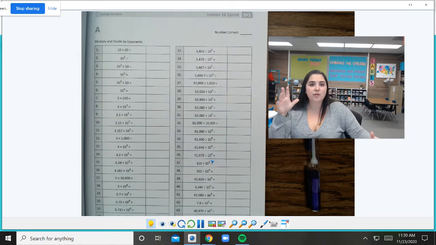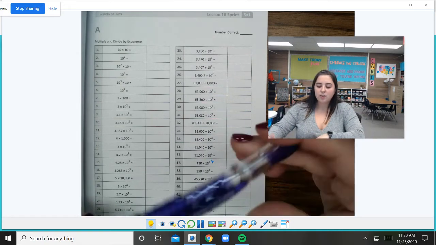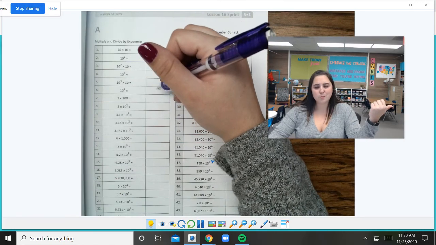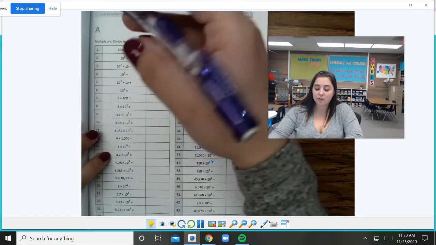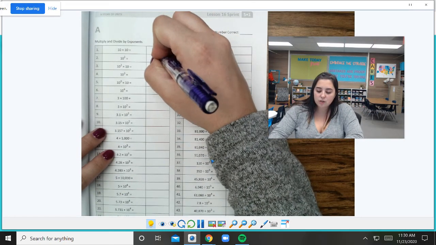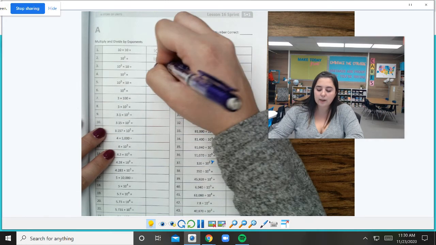I noticed, even when I was saying it, that these first few problems, kind of like the sprints for lesson 15, repeated.